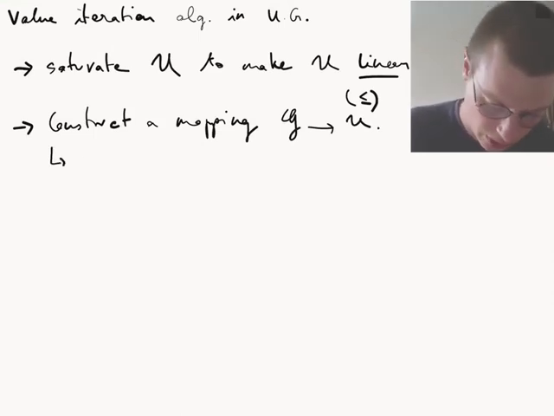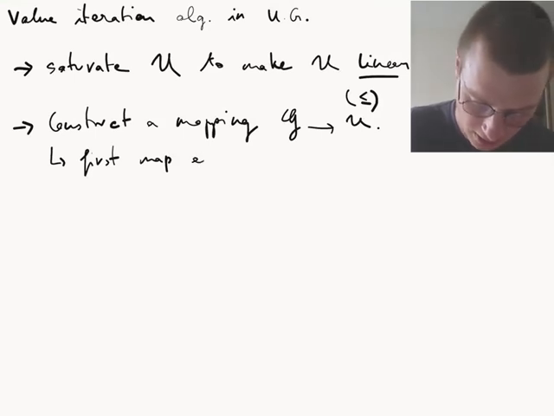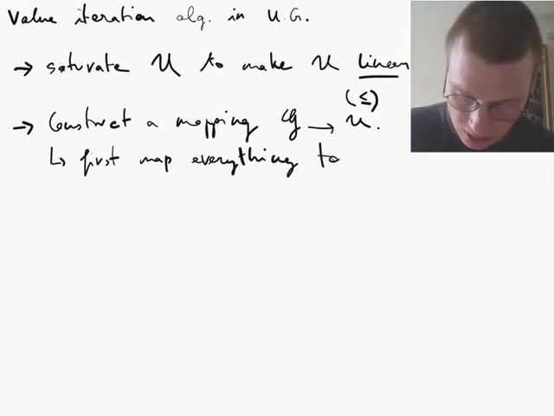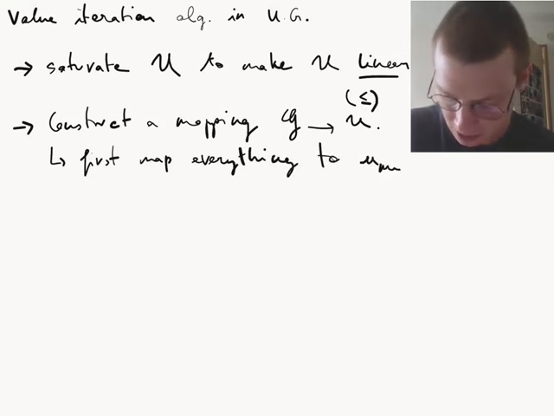And how do we construct it? Well, first we map everything to the smallest vertex in U, let's say U min.